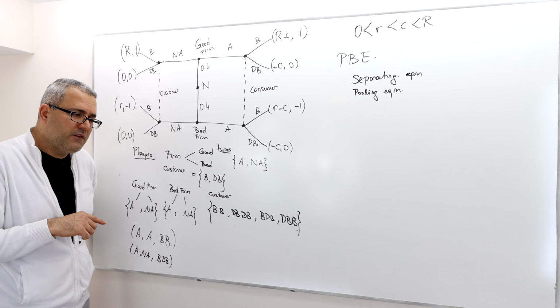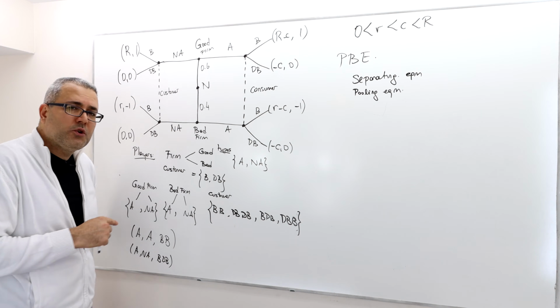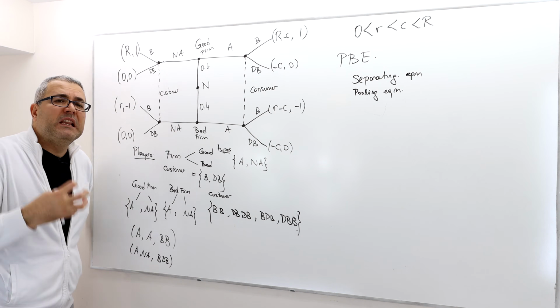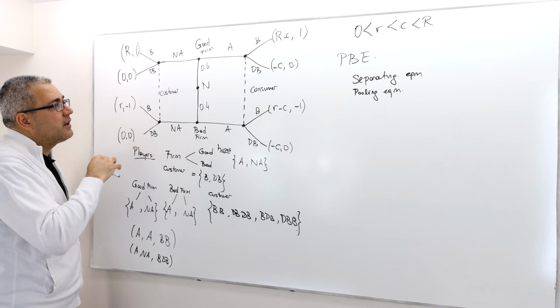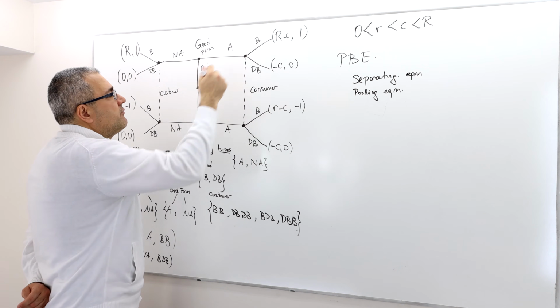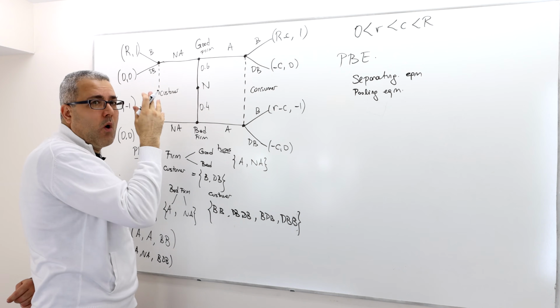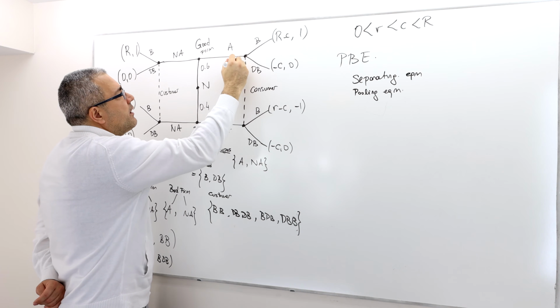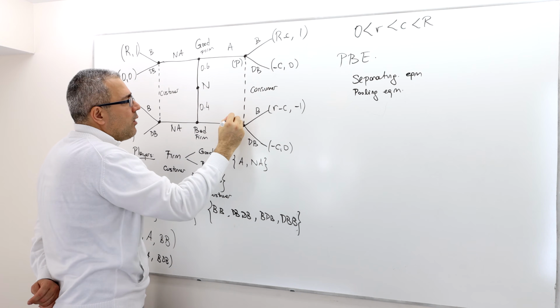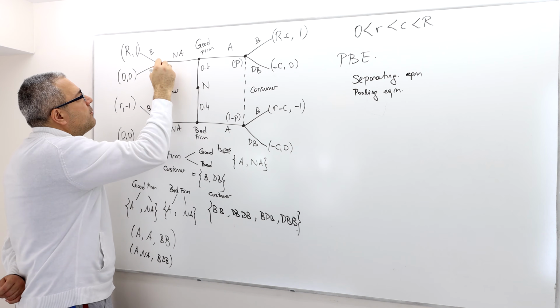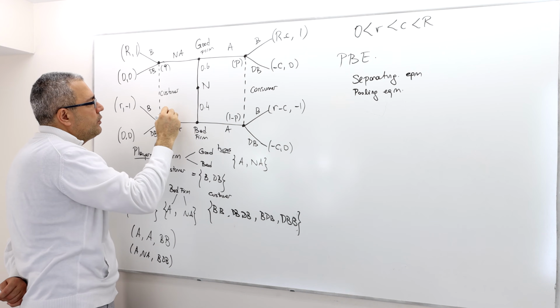But in a perfect Bayesian equilibrium, remember, we also care about a belief structure. This is requirement 1, if you remember. So we're going to assign probability P here, 1 minus P here, and probability Q here, and 1 minus Q here.